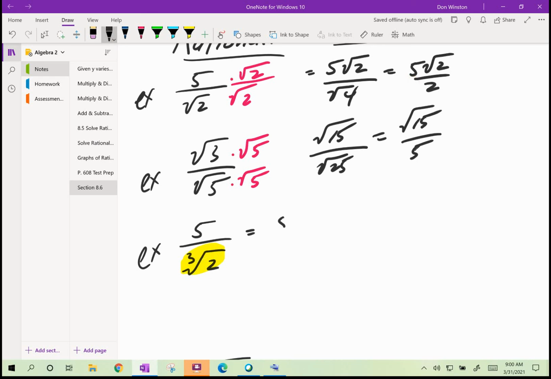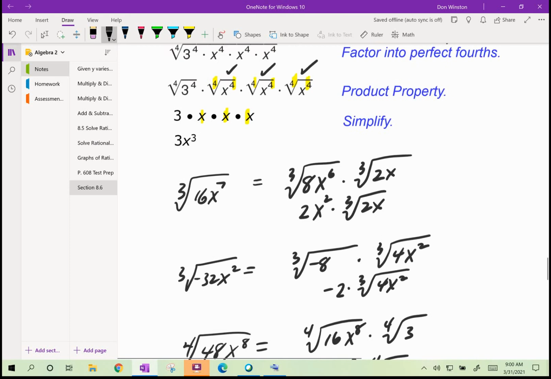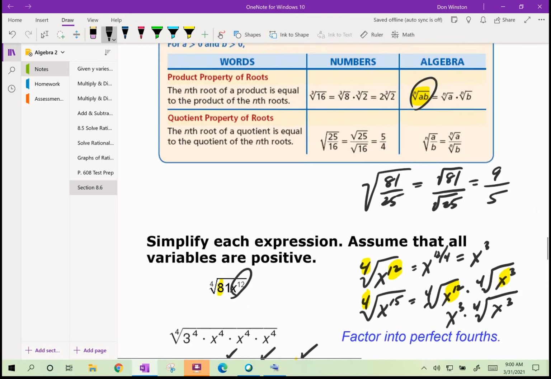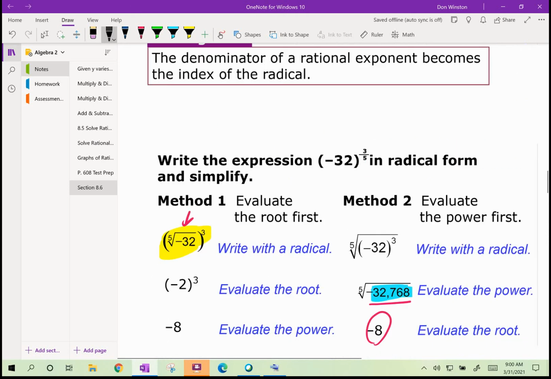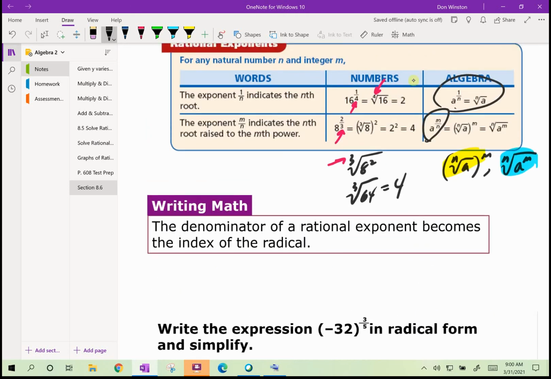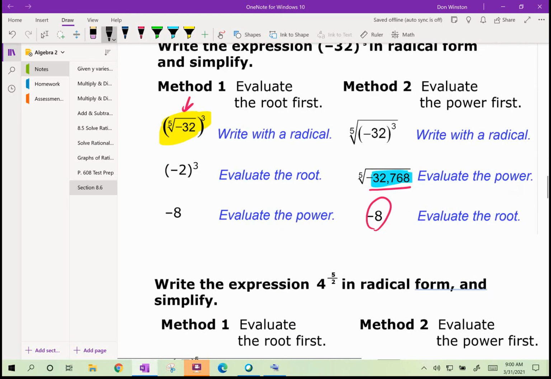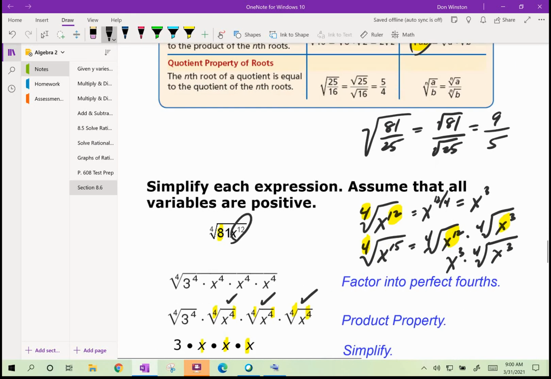So this will equal 5 over 2 raised to the 1/3. Again, remember that the nth root, what did we say up here? If I go back up here, let's look at what they said here. Okay, a raised to the 1 over n is equal to the nth root of a. So let me go back here.